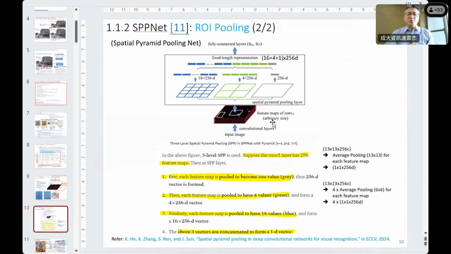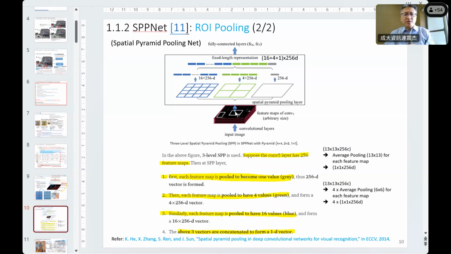This is better explained like this. For each bounding box they do average pooling. Suppose the original feature map is 13 by 13 by 256 channels.